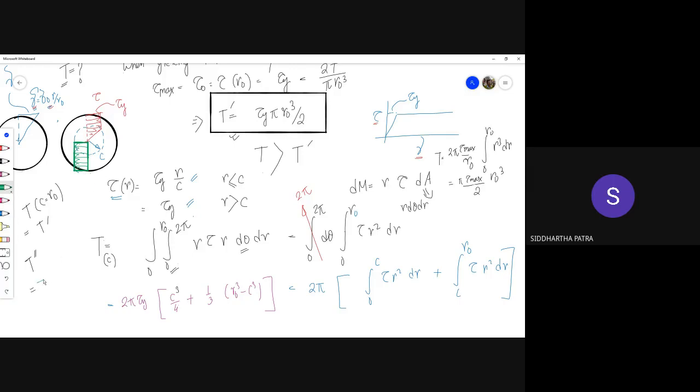So this corresponds to c equals 0. It is quite obvious, right? The size of the elastic core was initially R0 and then it gradually reduces. So substitute c equals 0.